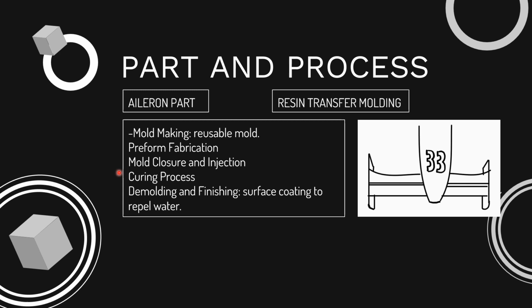And after it has been cured, we should demold and perform some finishing. In this case, I chose to perform some surface coating to repel water because if water is stuck in these parts, it can produce drag by increasing the boundary layer separation, forming an important decrease in the speed.